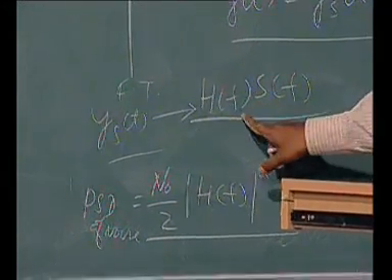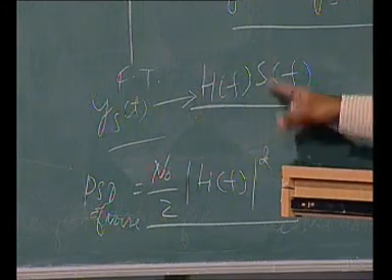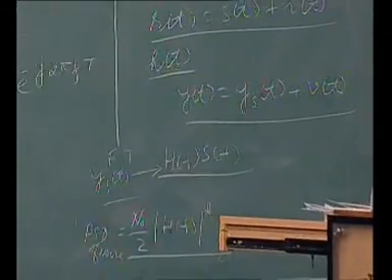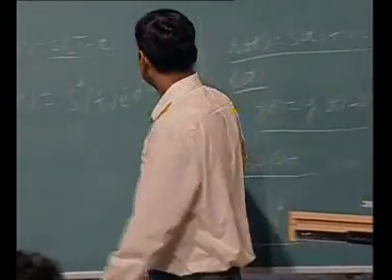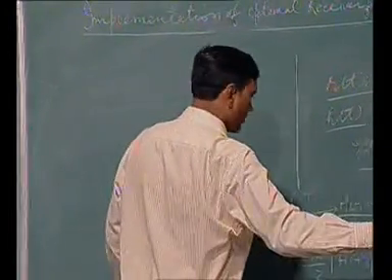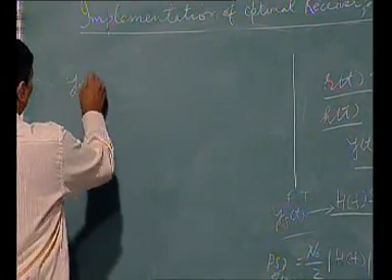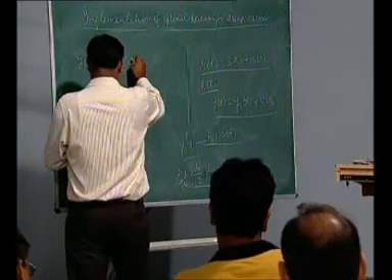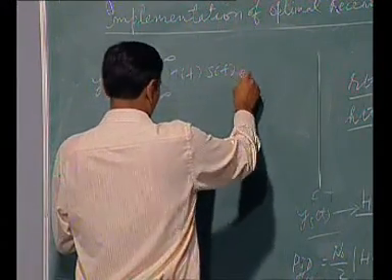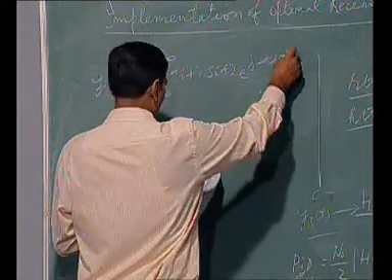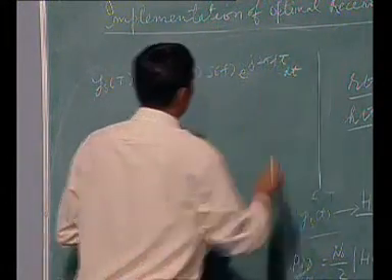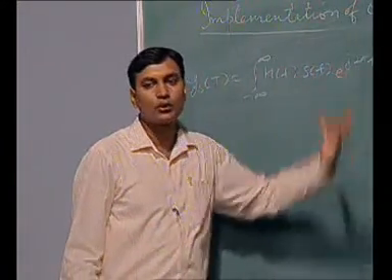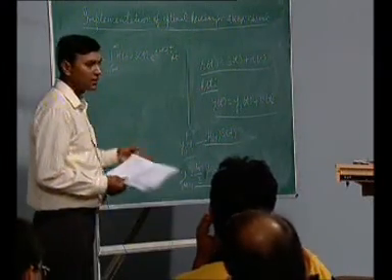We will have y_s(T). If this is the Fourier transform of y_s(t), then in the time domain we apply the inverse Fourier transform and have y_s(T) equal to the integral of H(f) S(f) e raised to j 2 pi f T df. Will it be right? Because this is the Fourier transform of y_s(t), H(f) S(f), and you have a multiplier factor in order to take its inverse.